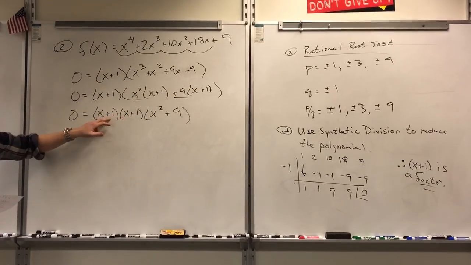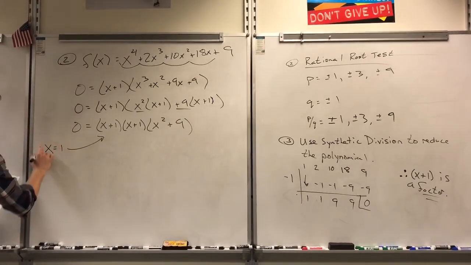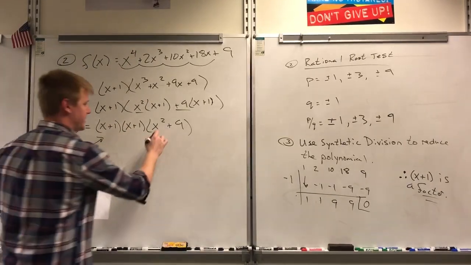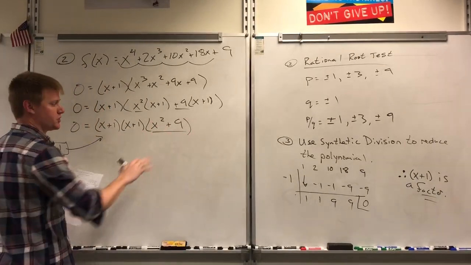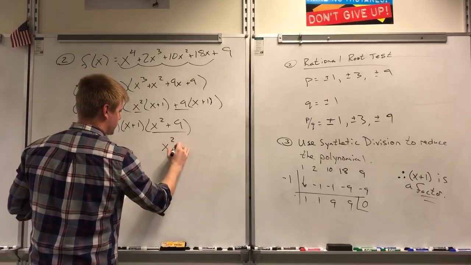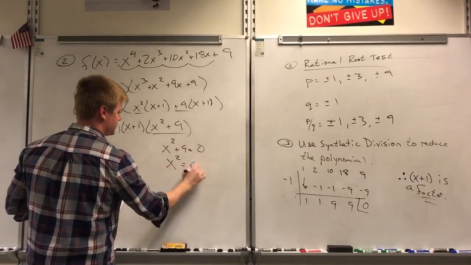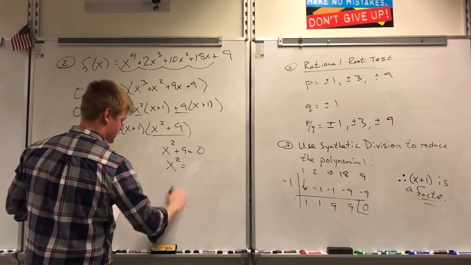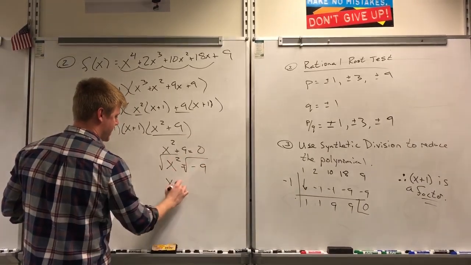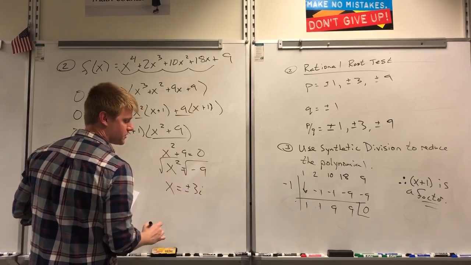I actually have a repeated solution, -1, so that's going to be a real number. x squared plus 9, I'm going to get 2 imaginary solutions, once again because of the sum. So I just simply do x squared plus 9 set equal to 0, subtract 9 from both sides, square root of both sides, always plus and minus, square root of -9 is 3i.